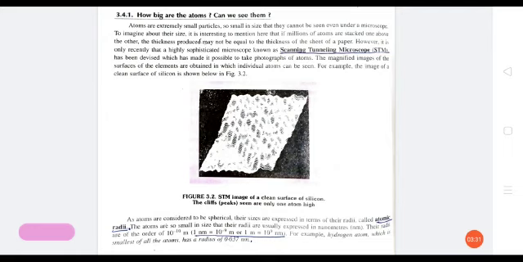Through these photos, the atom's shape is estimated to be spherical, expressed in terms of their radii called atomic radii, and the unit of atomic radii is expressed in nanometers, abbreviated as nm, and its formula is 1 nanometer is equal to 10 to the power minus 9 meter, or 1 meter is equal to 10 to the power 9 nanometer.